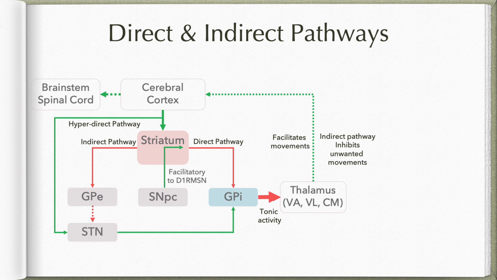They are being done simultaneously. So whenever there is a movement required or desired, the direct pathway will make sure that those muscles which are required to act will be stimulated so that they will continue to contract and the desired movement is acted upon. Whereas the other muscles which are not required to act at that particular point of time will be inhibited to prevent any unwanted movements.